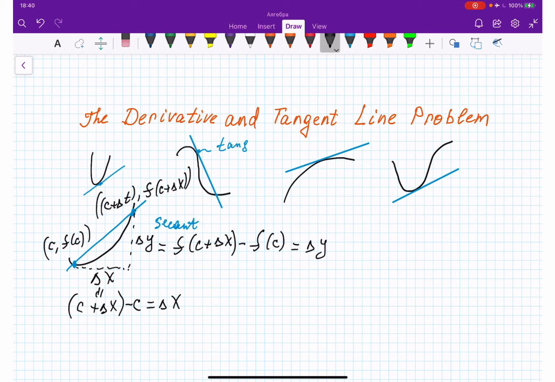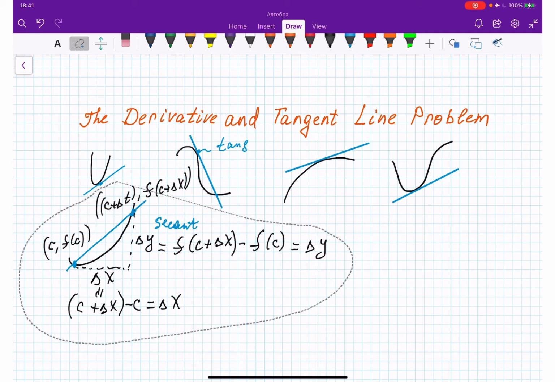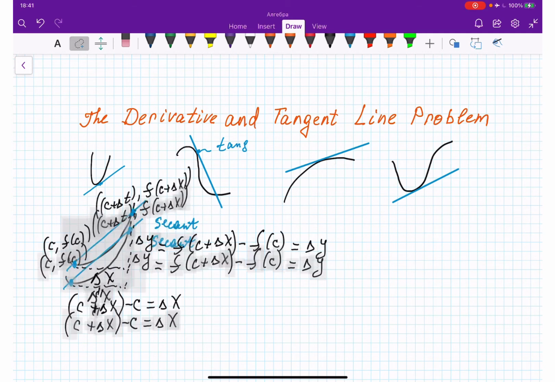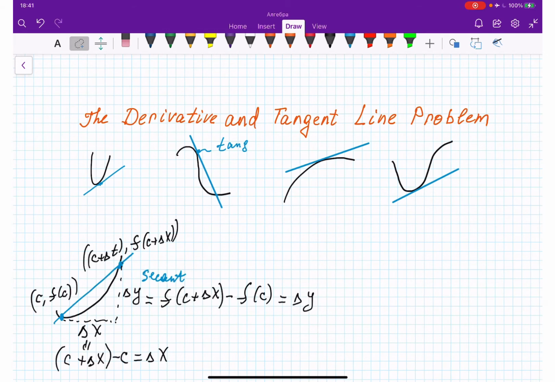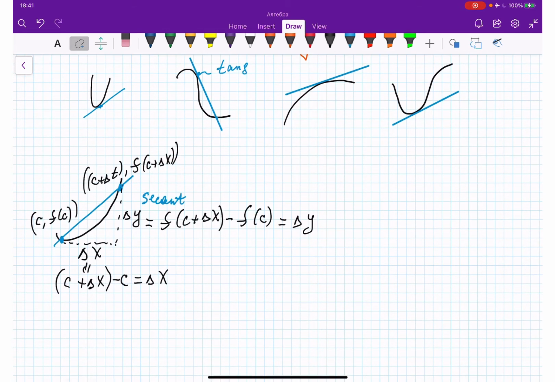All right. So what is a secant line and why do we use it here? I reminded you about the secant line. The secant line is a straight line joining two points on the function, here and here.